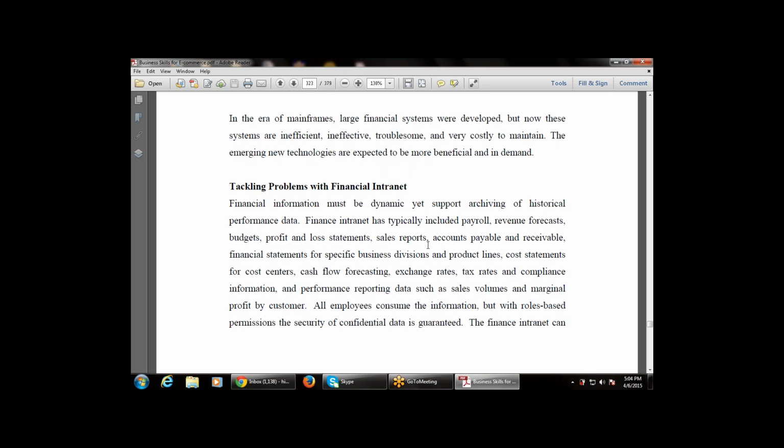So these are the various applications and tools used with the help of finance intranet, that is, using the internal network software for performing the operations of various applications such as payroll, revenue forecast, budgeting, profit and loss statement, sales report, accounts payable and accounts receivable.